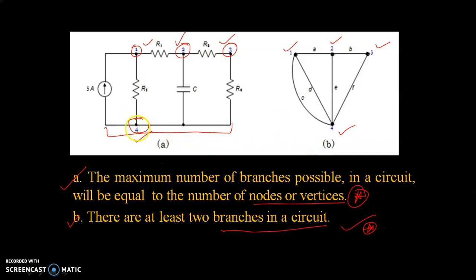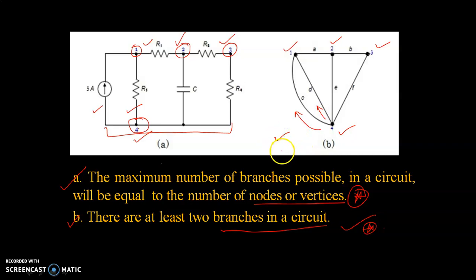From node 4 to node 1, there are 2 branches connected. One is the 5 ampere branch and one is the R5 branch. Although R5 is a resistance and 5A is a current source, I am saying it like so to make it very easy to understand. Okay, so see this, it is connected like this. One for the 5 ampere current source, and the second one is for the R5 branch.